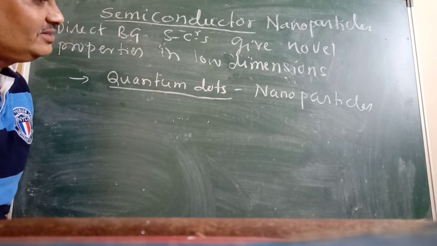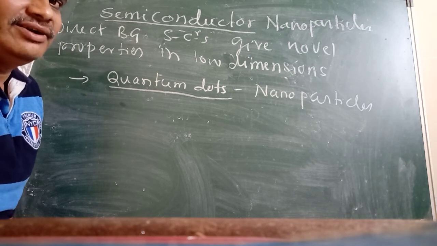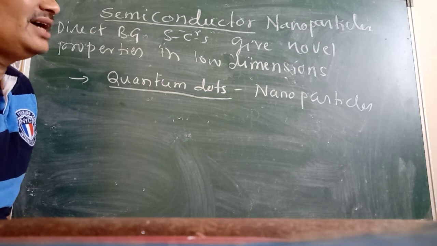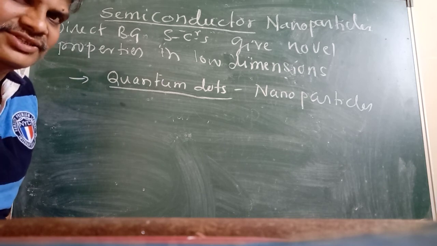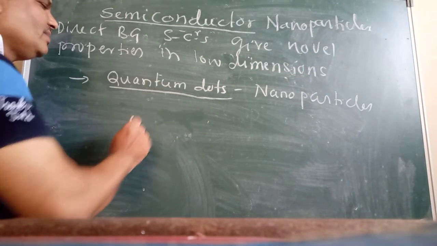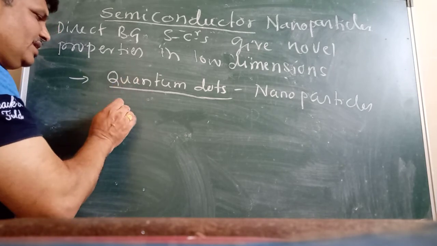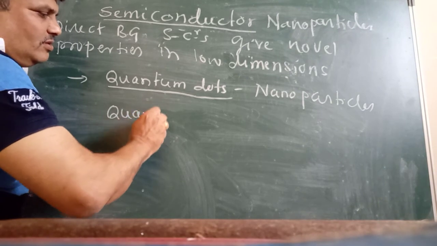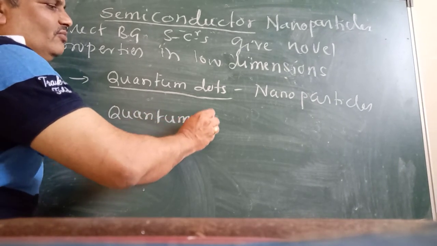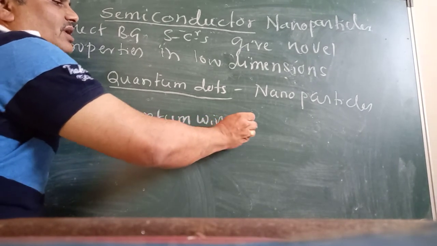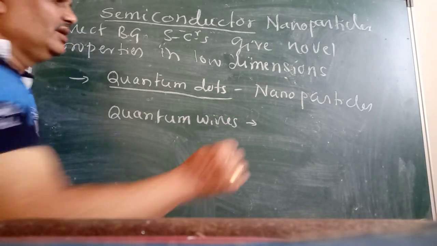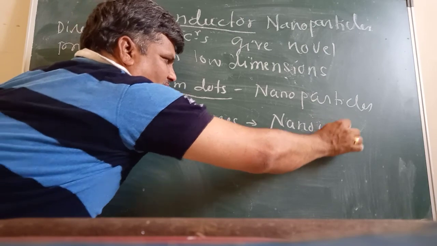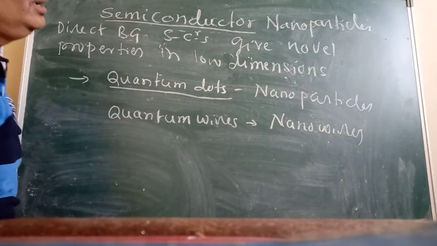The light emitted from the nanoparticles depends upon the size of the particles. Another one is quantum wires, also called nanowires.